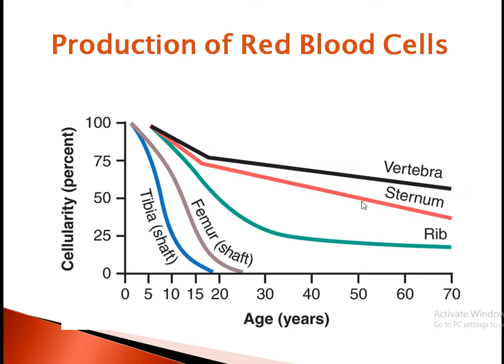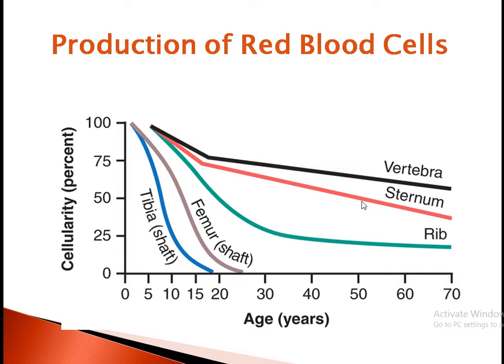Now comes the production of the RBC, how they are produced and where. The most important thing is where in the body they are produced. The areas of the body that produce RBCs involve different places at different developmental stages.